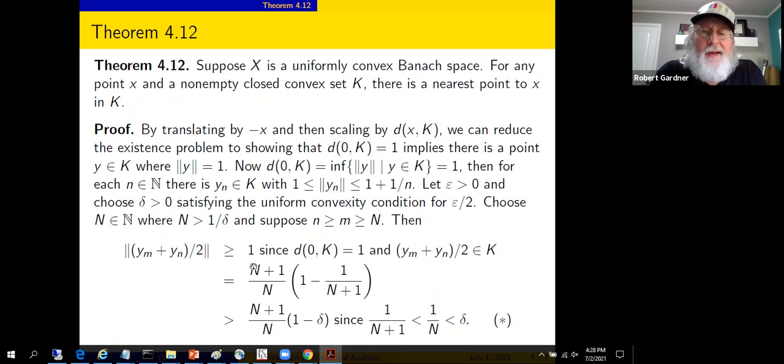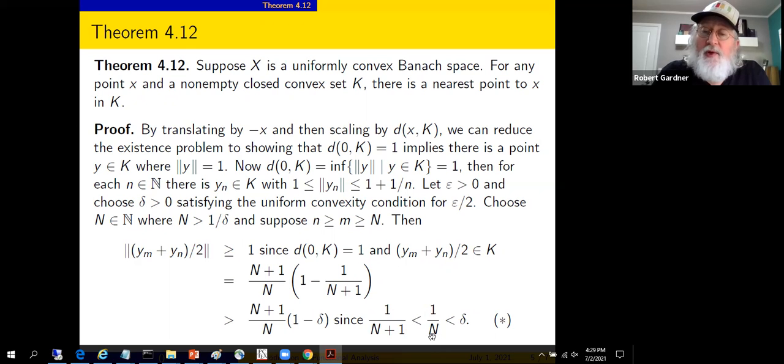We're going to take 1 and write it as N plus 1 over N times 1 minus 1 over N plus 1. Get a common denominator here, simplify, and the arithmetic's correct. It cancels out and reduces to 1. And the capital N we're using is the one chosen up there, which is greater than 1 over delta. If I take reciprocals of both sides, that tells me 1 over N is less than delta itself.